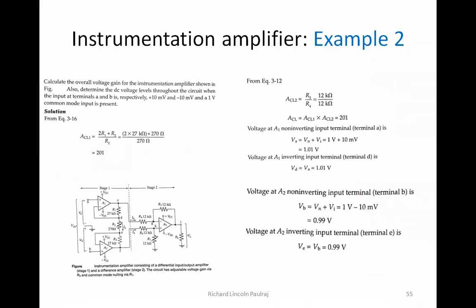So we'll calculate the voltage gain for the instrumentation amplifier, same circuit, right? What we saw previously for the same circuit, now we are going to have slight modifications. So calculate the overall voltage gain. Now they're asking us to calculate A. Previously, we dealt only with R, I values, right?